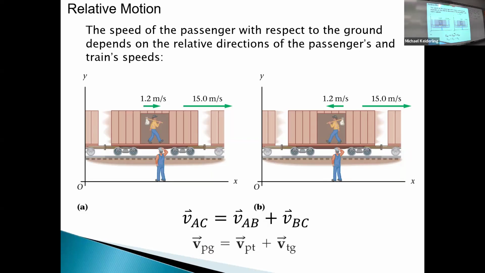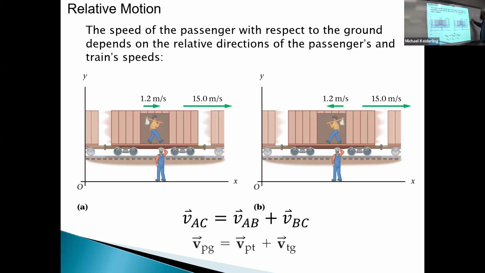When they're moving in the same direction, when the medium or the thing that's carrying it is moving in the same direction as the thing that's on it, the velocities add. But also, they could be moving in opposite directions. The guy could be walking backwards with respect to the train, while the train moves forwards.